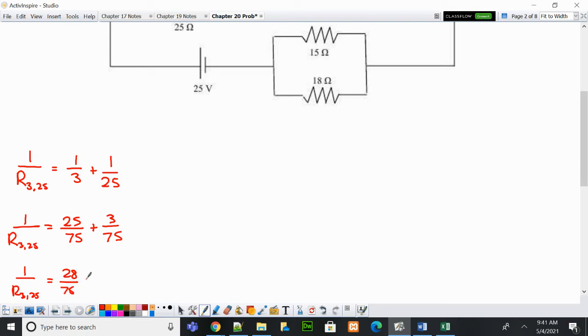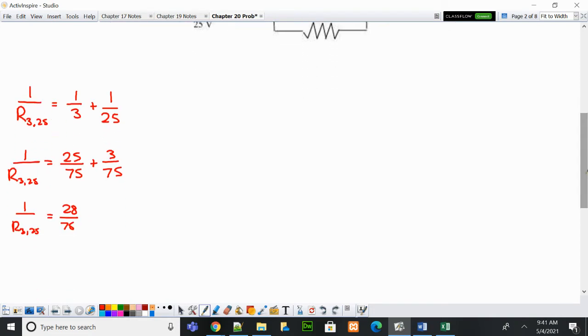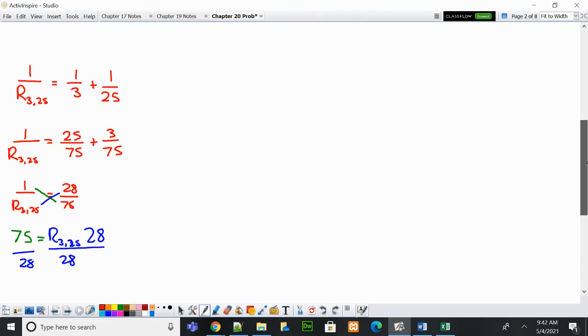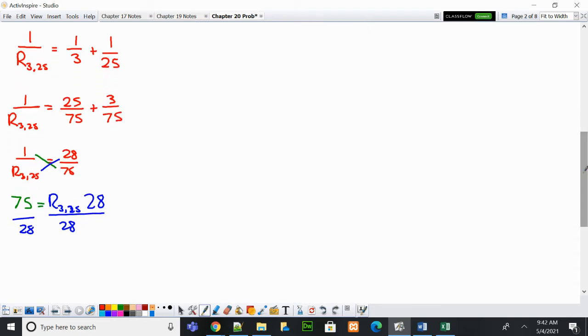Now I don't want 1 over the equivalent resistance, so I'm going to cross multiply. Here I get 75 equals the equivalent resistance times 28, so I divide both sides by 28. I end up with my equivalent resistance of 75 over 28.